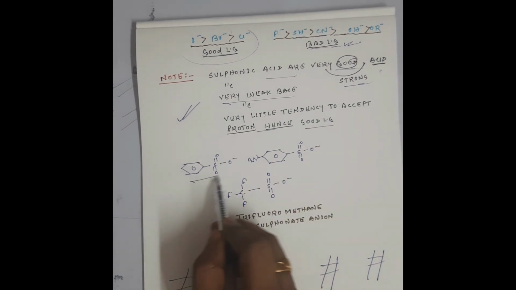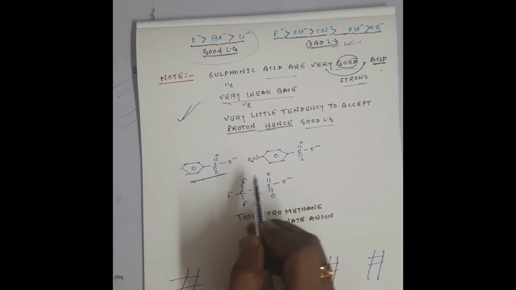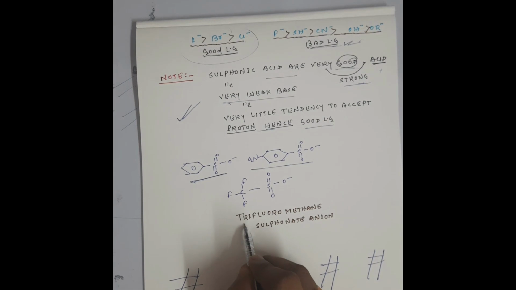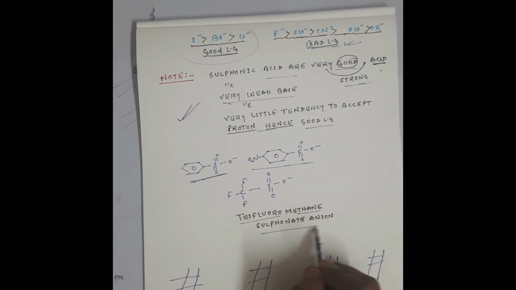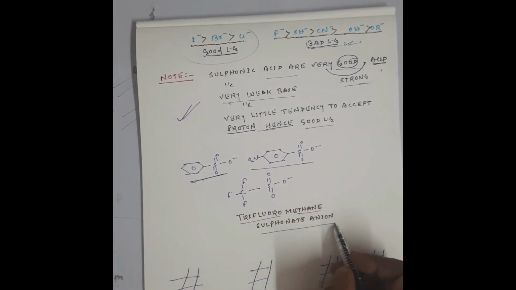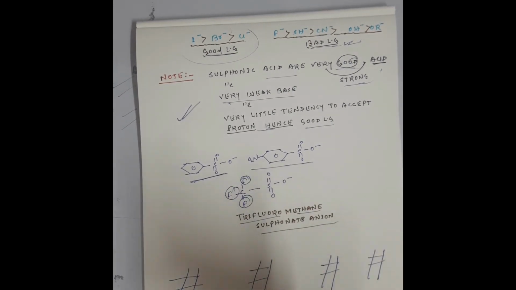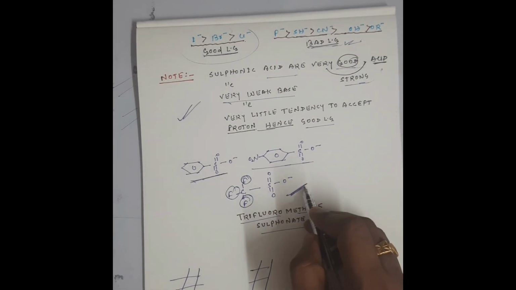Now I have written here benzene sulfonate and p-nitrobenzene sulfonate ions. And here is the trifluoromethane sulfonate ion, which contains a larger electron withdrawing group, the fluoride ions here. More electron withdrawing group means a stronger leaving group.